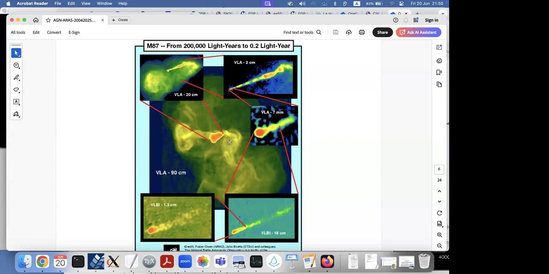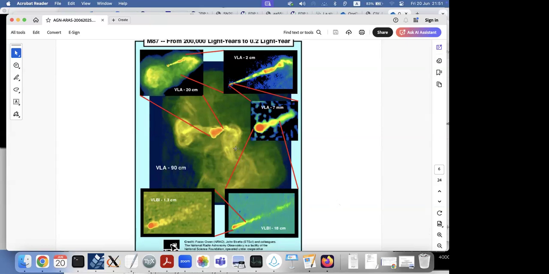And this is why specifically M87, as the brightest galaxy in the Virgo cluster and the central galaxy, was chosen as the target for the Event Horizon Telescope. So this is why M87 was the one chosen for the first appearance of a black hole.